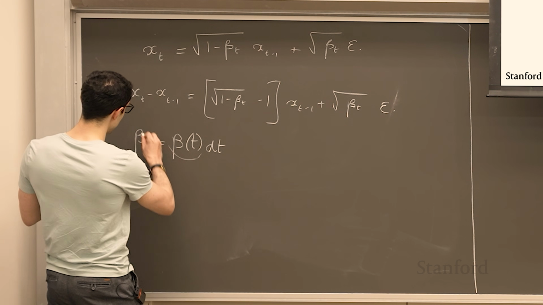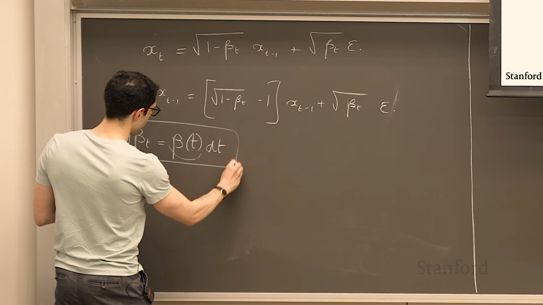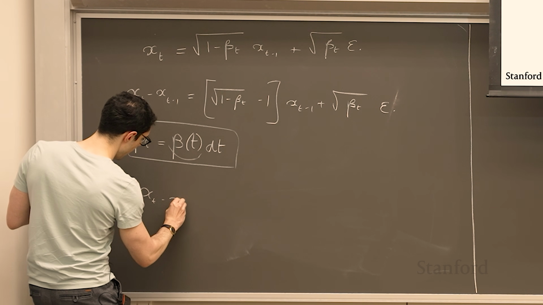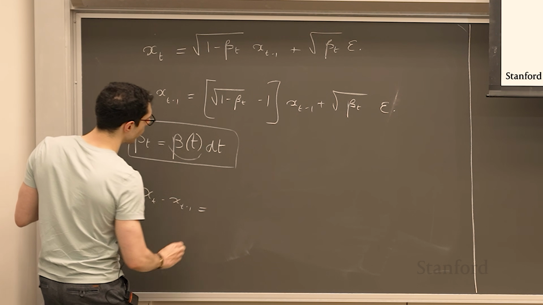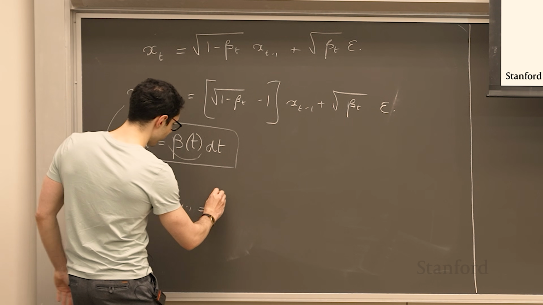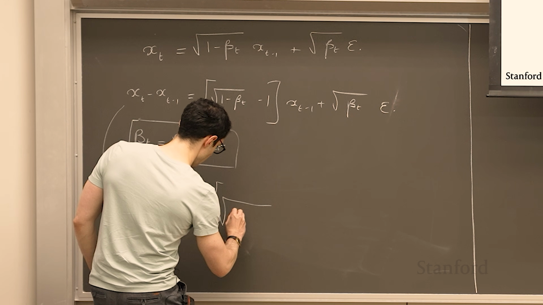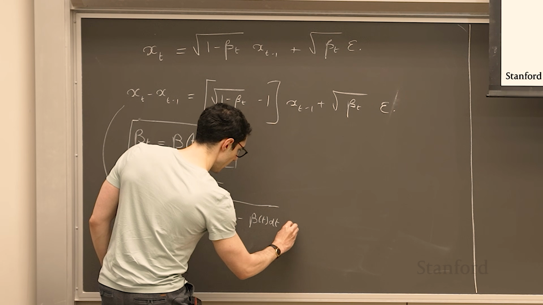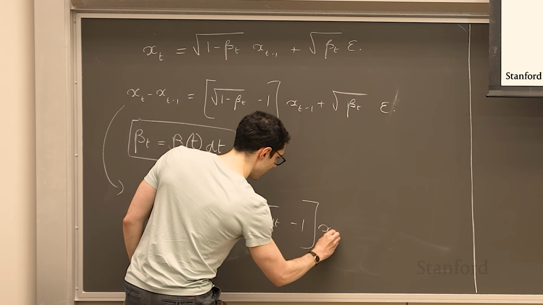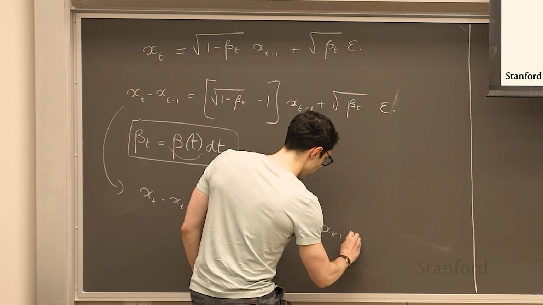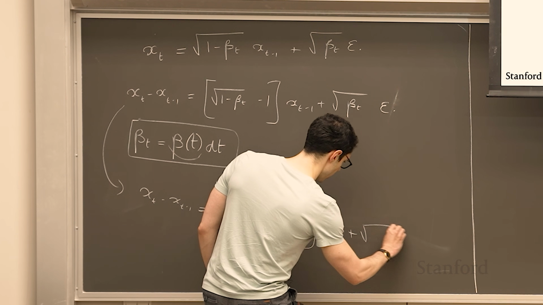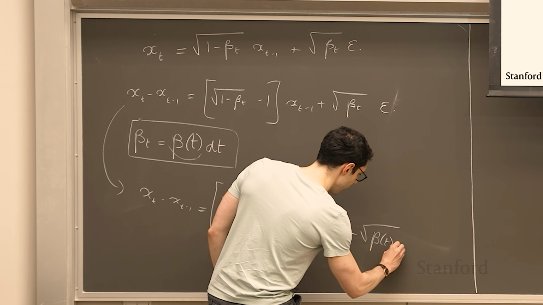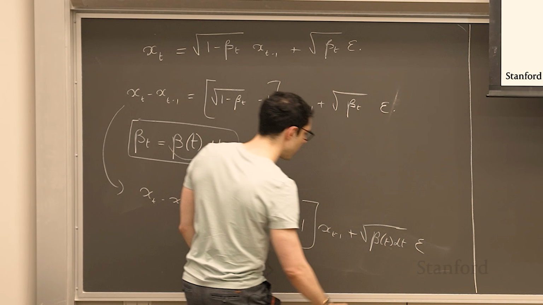So if I pose that, this becomes xt minus xt minus 1 is equal to square root of 1 minus beta t dt, minus 1, xt minus 1, plus square root, I'm going to also replace it here, of beta t dt epsilon.